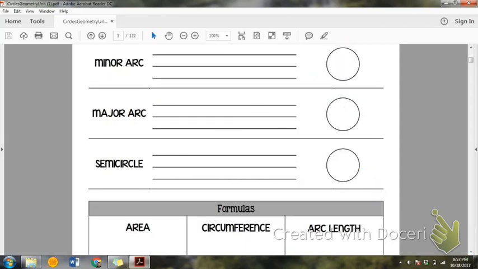Okay, next we have a minor arc. We're almost done. A minor arc and a major arc. So a minor arc is an arc with measure that is less than 180. Less than, you might want to capitalize that, less than 180. That's a minor arc.